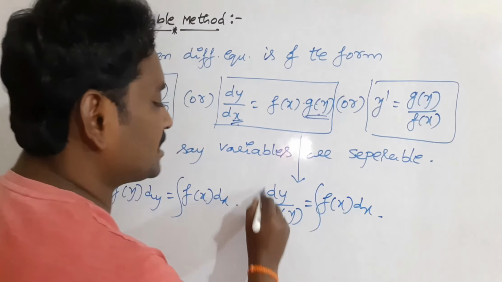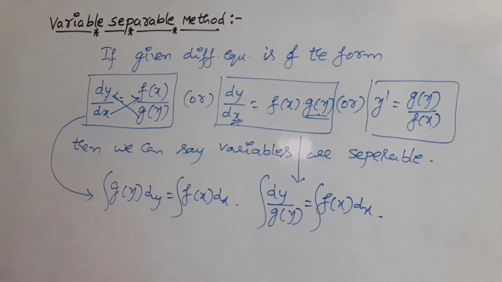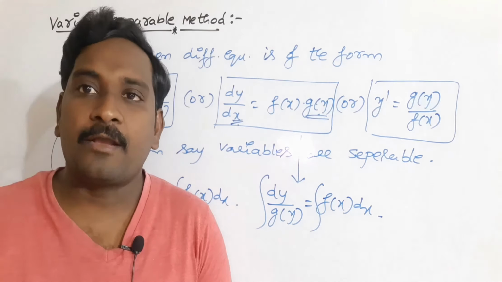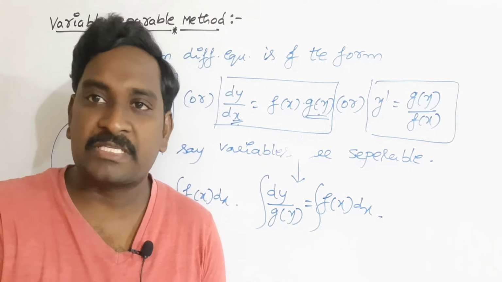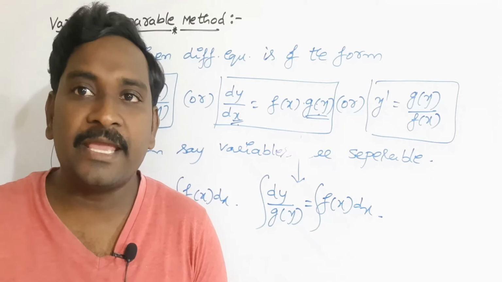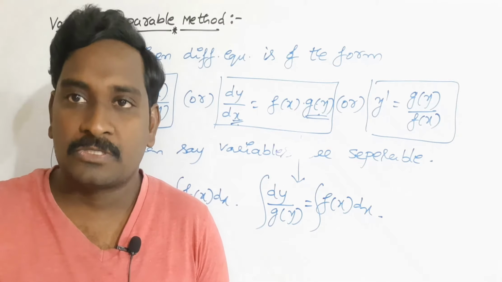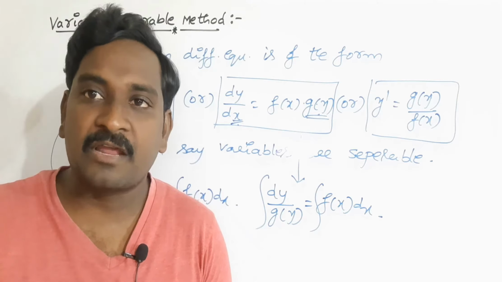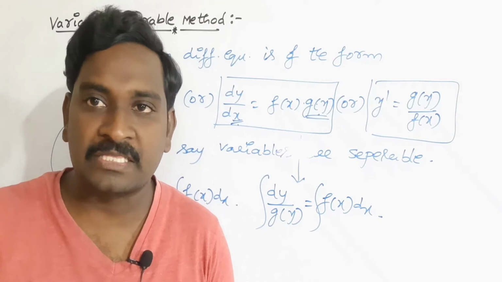Now take the integration on both sides. Very simple method. Variable separable method is nothing but we have to take all terms of x and dx to one side and all terms of y and dy to the other side. Then only it is possible to solve the given differential equation by the method of variable separable. See the examples on this method.